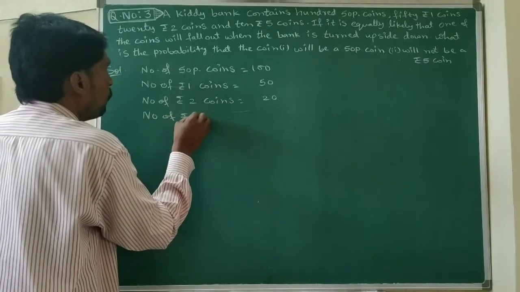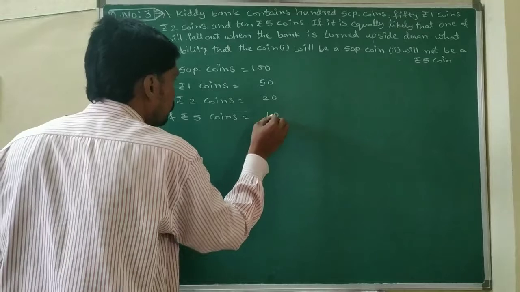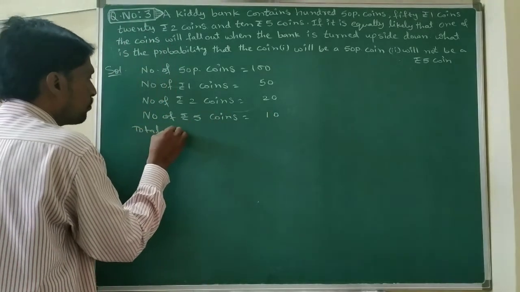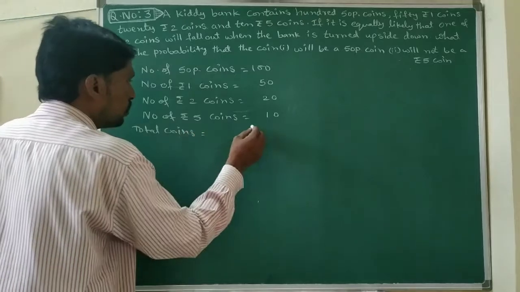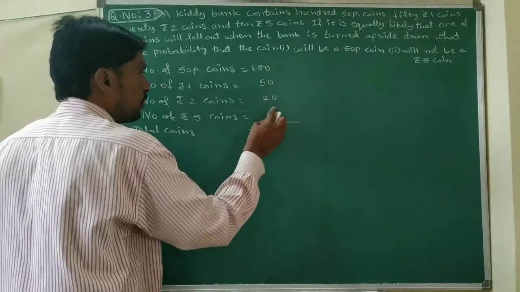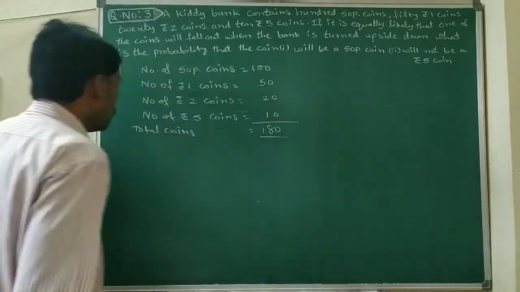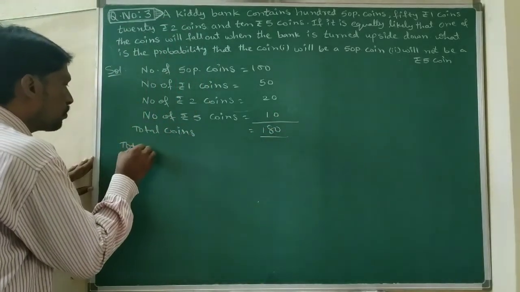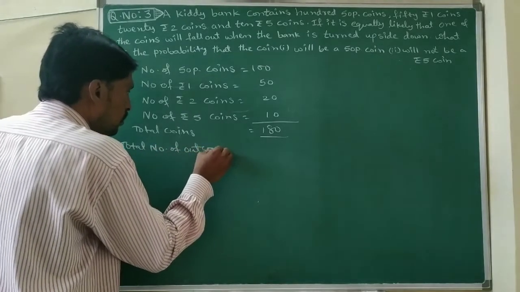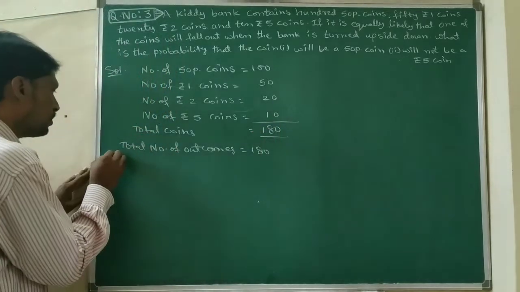Number of rupee 5 coins equal, that is 10. Total coins we have to take. So total coins equal, we need to add 100 plus 50 plus 20 plus 10. That is, we are getting 180 coins. So total number of outcomes equal 180.